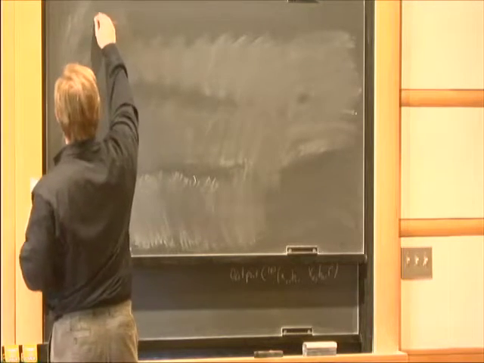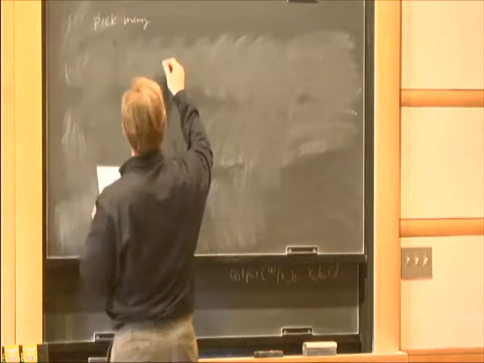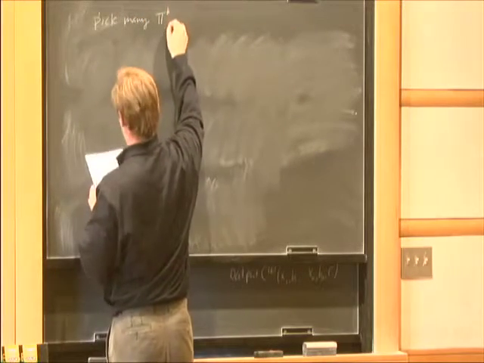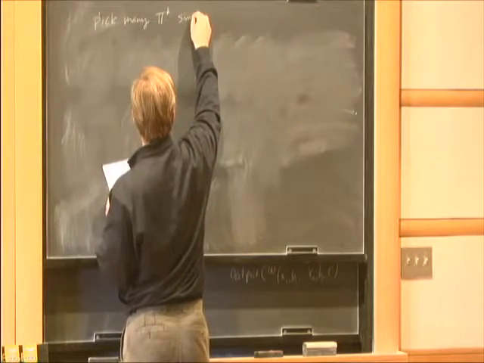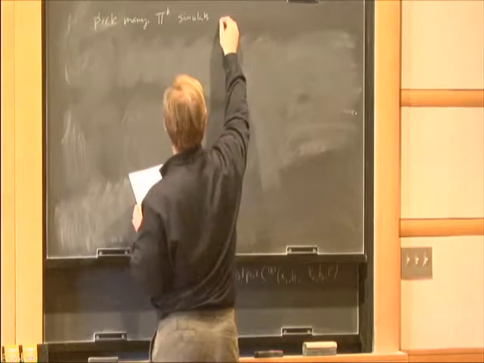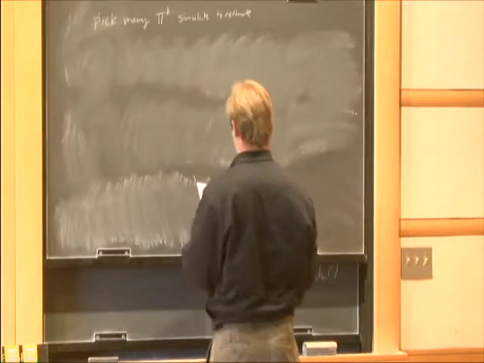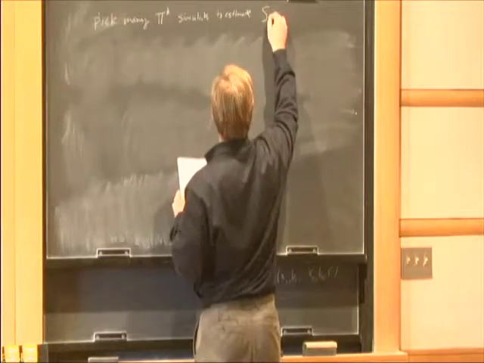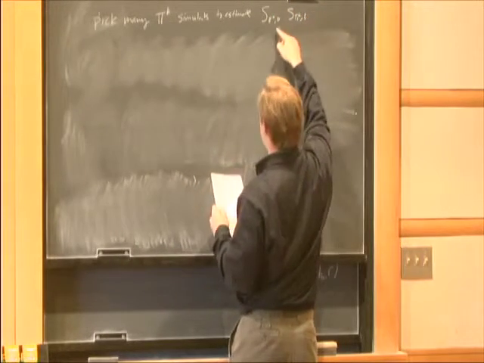Okay, so I gave you the setup, and now I need to tell you what the algorithm does when k is larger than 1. It picks many pi stars, and simulates to estimate. Let's not just worry about estimating. Let's just say we compute it exactly: S pi star 0 and S pi star 1.